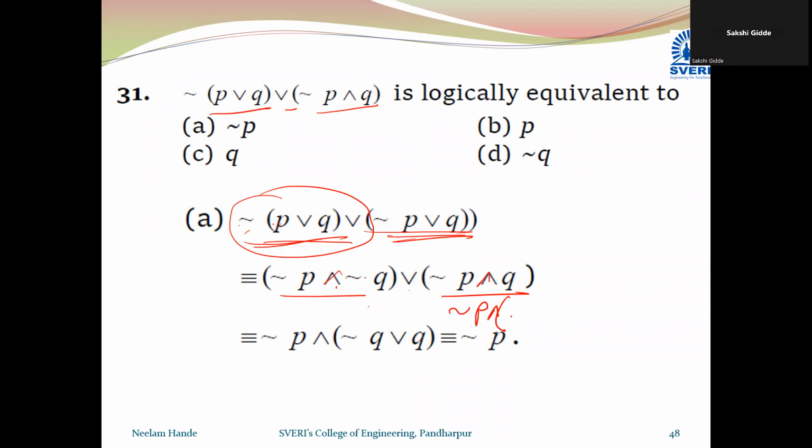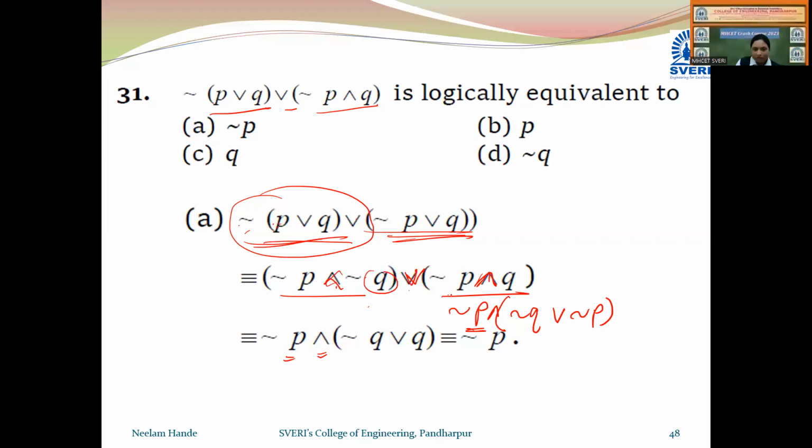And here is negation Q or Q. Correct? Yes, ma'am. So negation directly, this sign is there, and then this or this. So negation Q or Q.